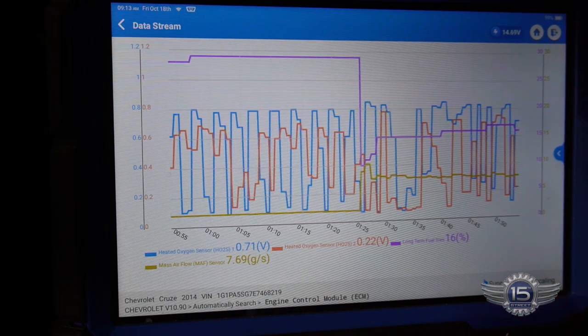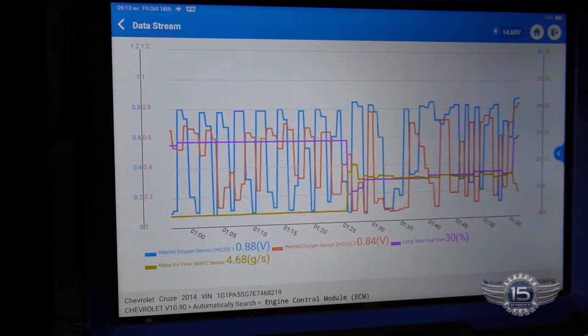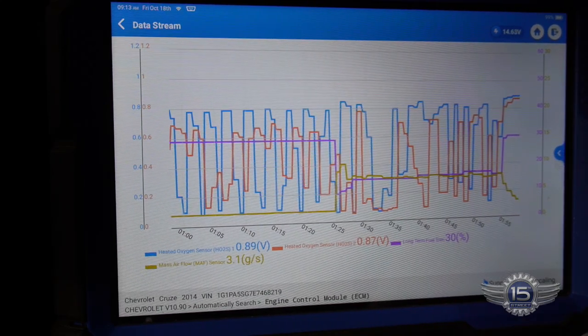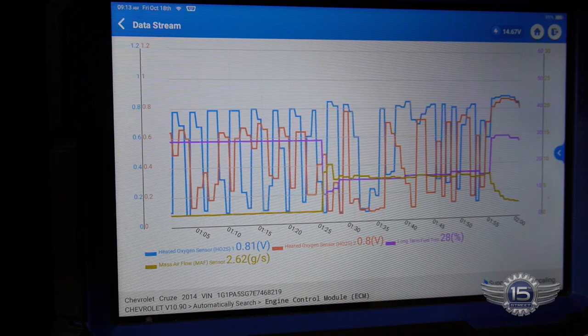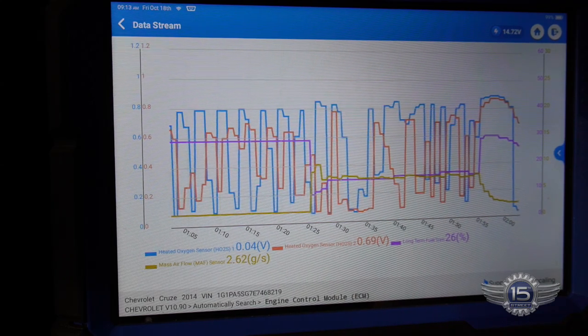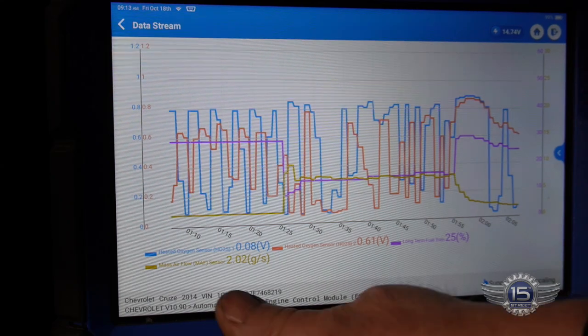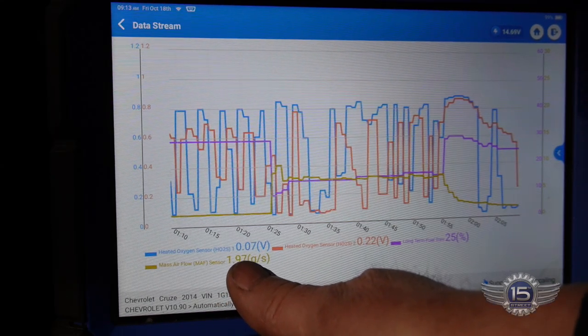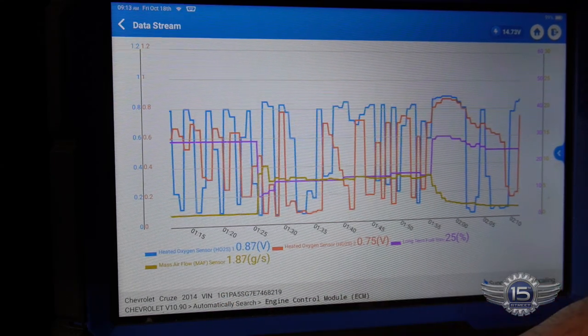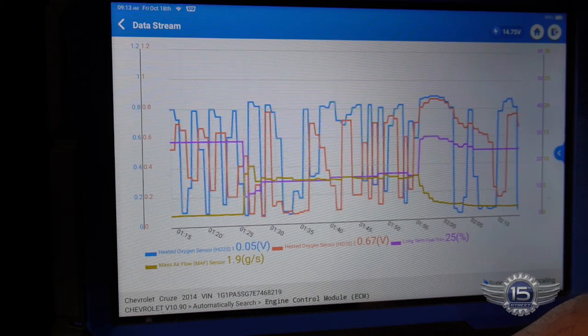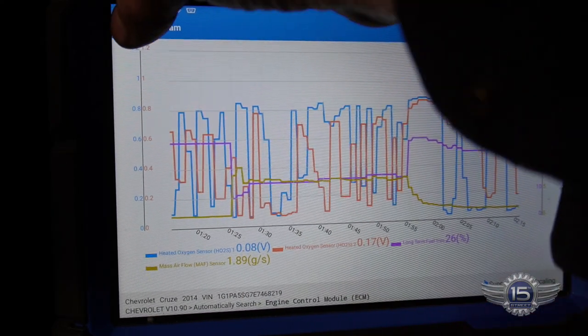So we either have more air than the computer's seeing coming in, or we have not enough fuel for the air that it is seeing. That mass airflow's got me a little worried though. That's pretty darn low for this engine.